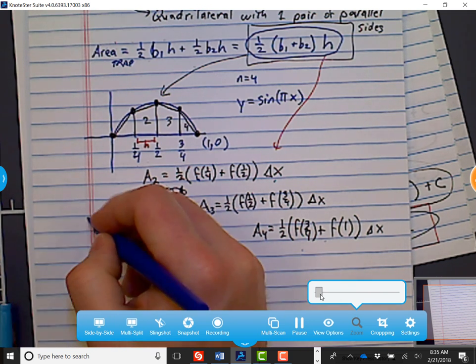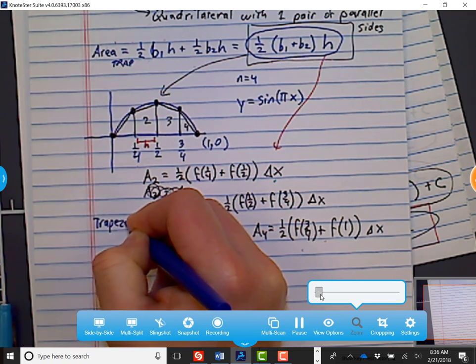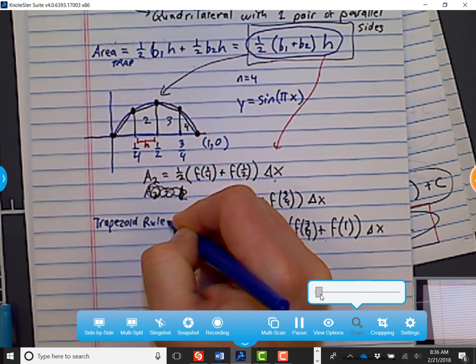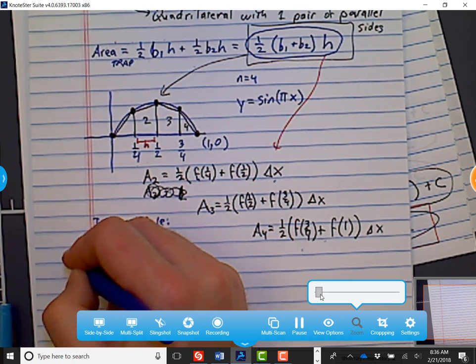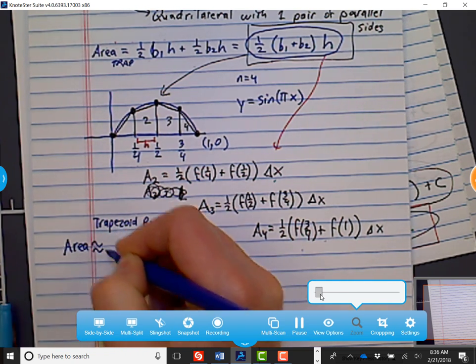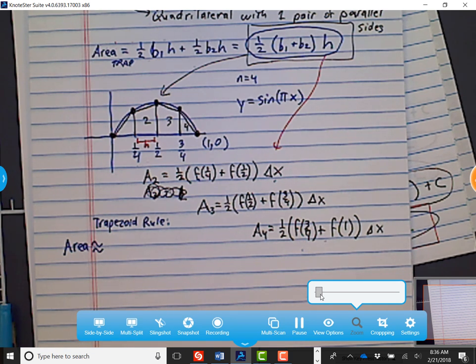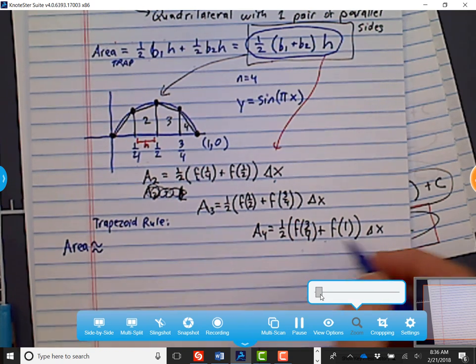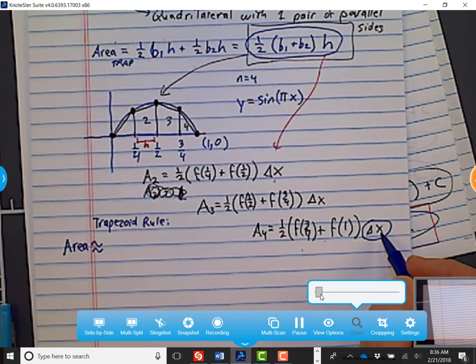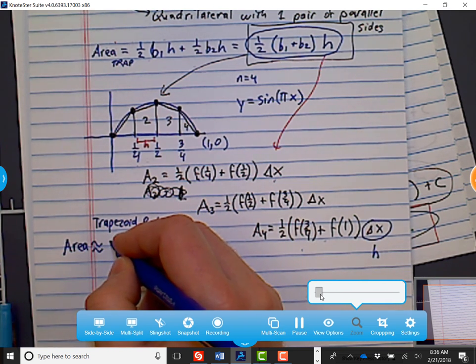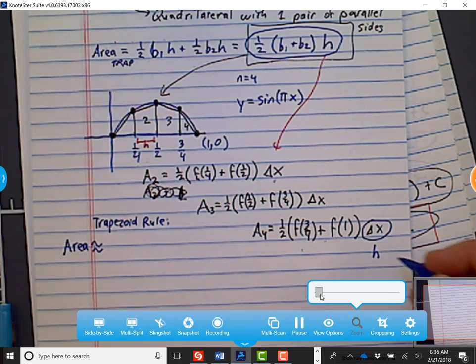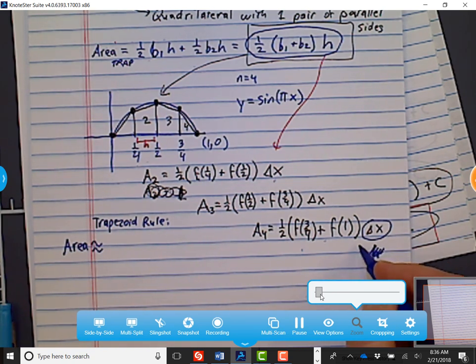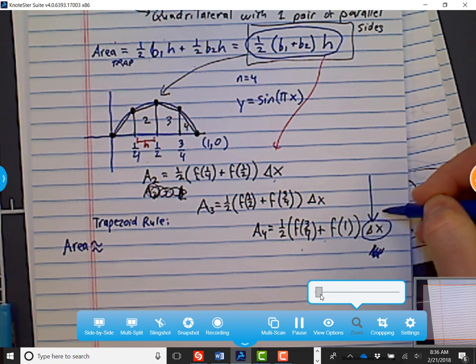It's this. The trapezoid rule really says the following. It says the area is approximately the following. Now, this delta x, I wonder if I still want to call it that or if I should call it h. Actually, no. Let's do this. Let's show how to compute delta x.